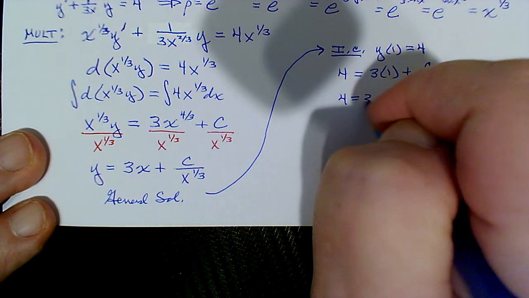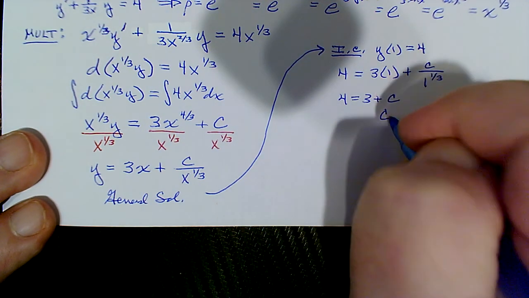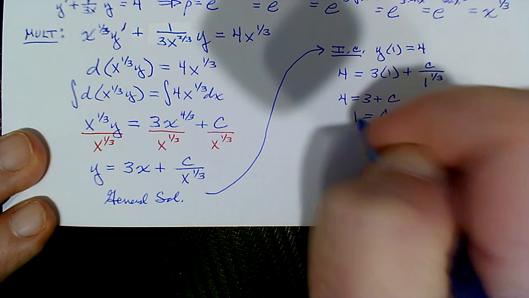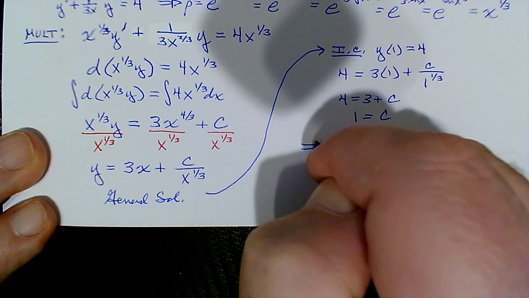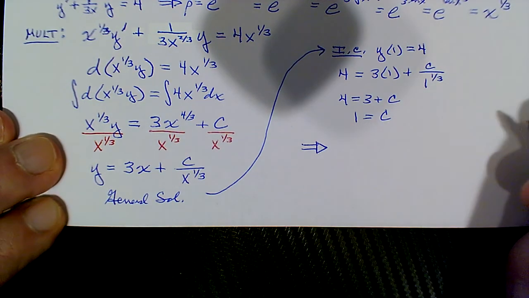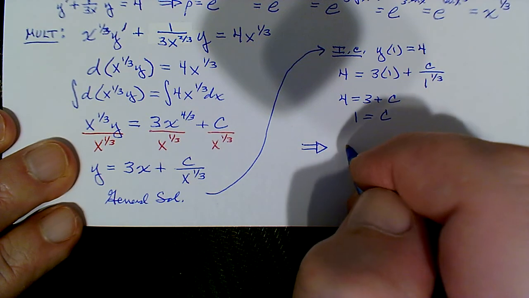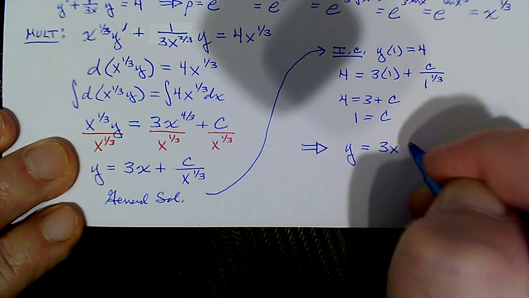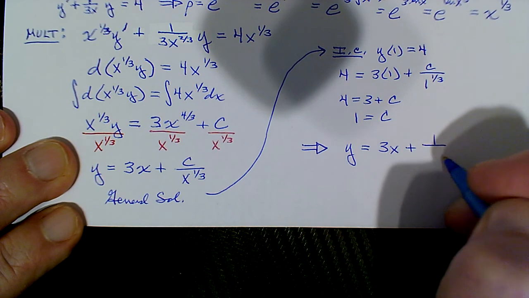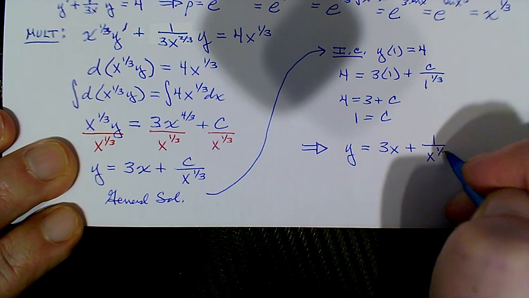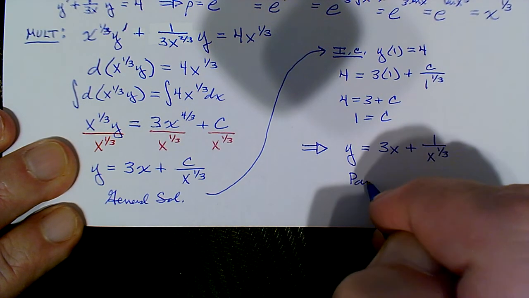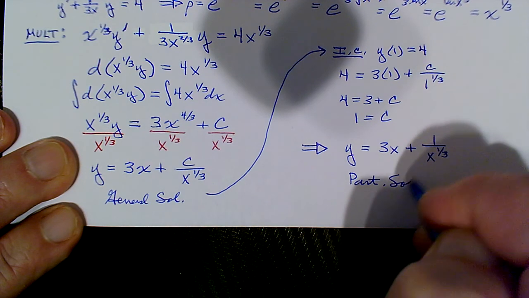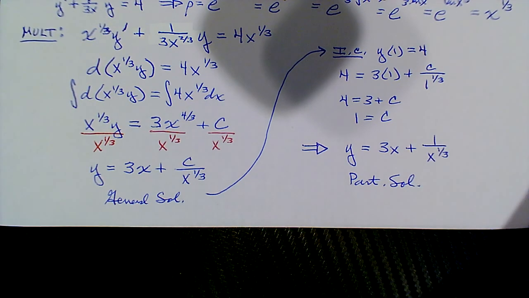So 4 equals 3 plus c. So it looks like c is 1. And then for our particular solution, y would be 3x plus 1 over x to the 1/3. So that's our particular solution.